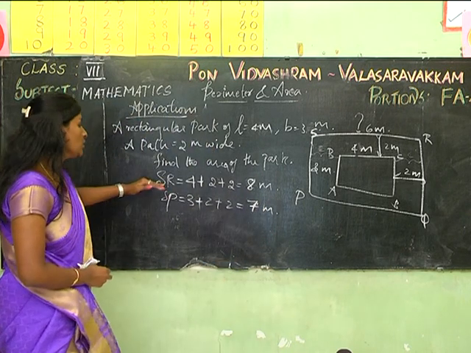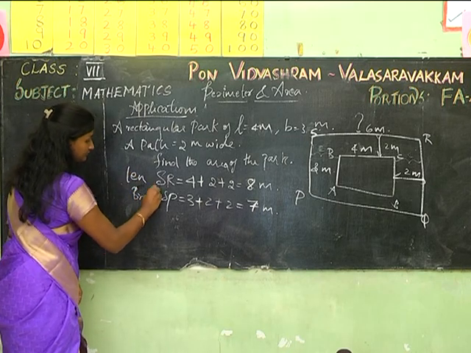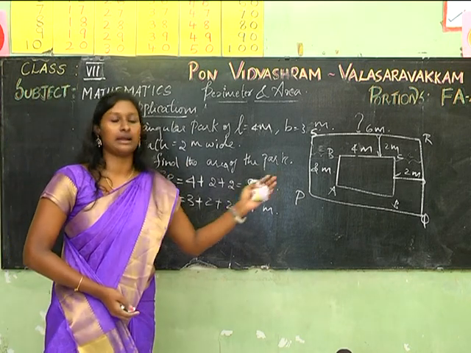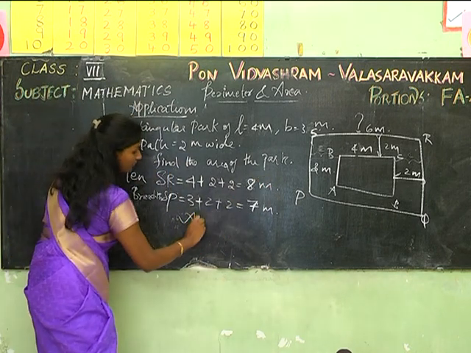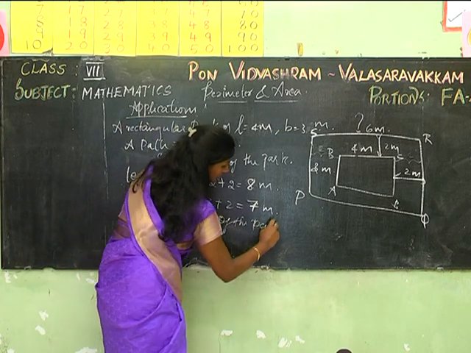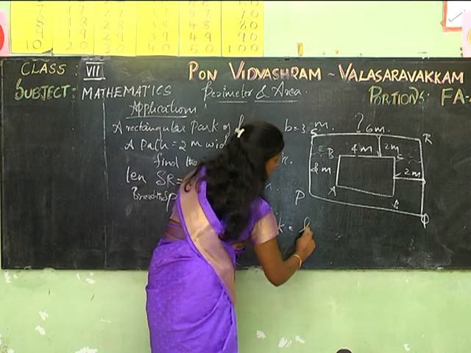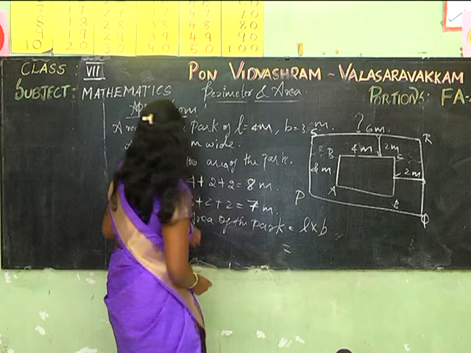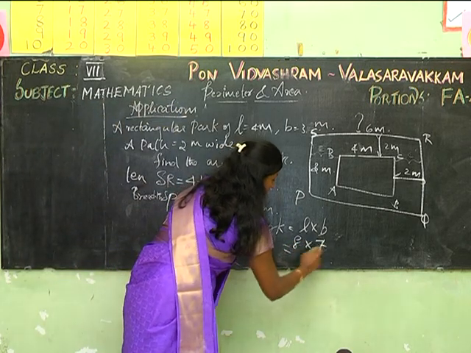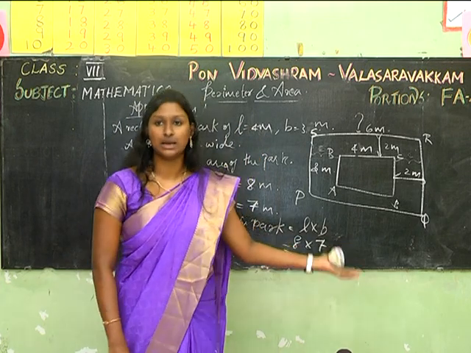So we can use this as a length and breadth for the outer region of the rectangular park. And if you substitute in the area formula, the area of the rectangle is nothing but length into breadth. Here we have the length as 8 meters into 7. If you compute this, you will get the answer for the area of the rectangular path.